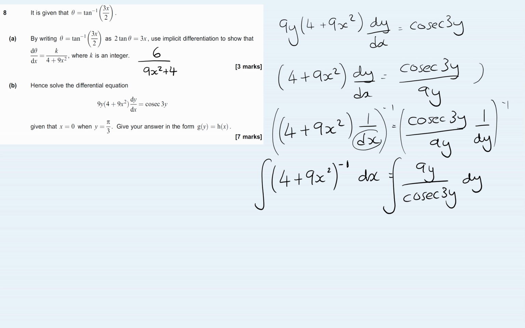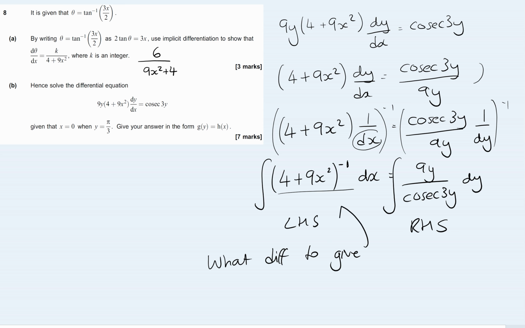So let's worry about, we'll call this one the right hand side and this one the left hand side. Okay, so the left hand side is actually going to be found by doing a standard result here. Now what we want to do is integrate this. Another way of thinking about it is what differentiates to give this.